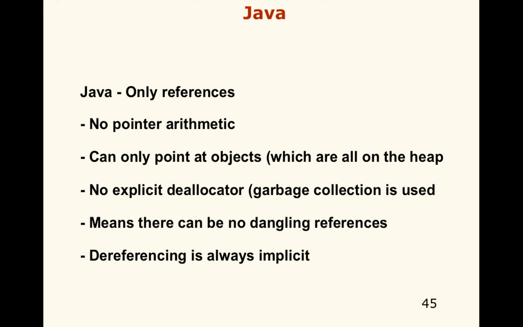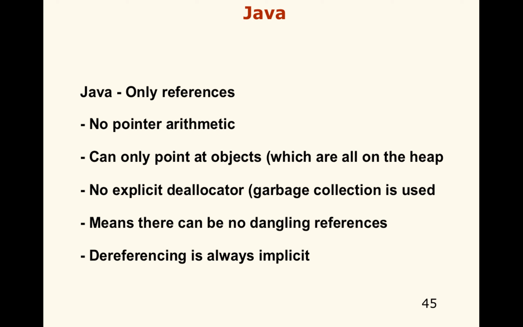Java only has references. It doesn't have any static data. Everything's a reference, but there's no reference and dereference symbols. So the syntax of the language is a little different from C++ in that you don't have to put the asterisks in there, but it's doing the same thing. It's 100% references. There's no pointer arithmetic possible.